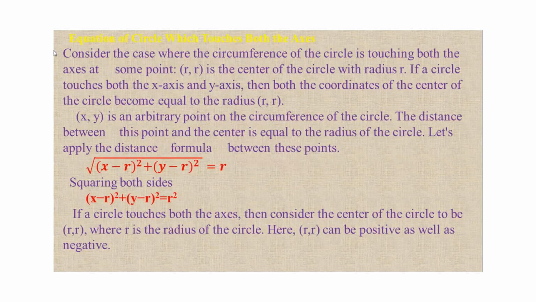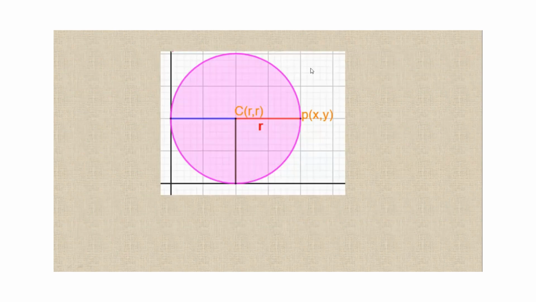The equation of a circle when both axes, the x-axis and the y-axis, are tangent to the circle: both the value of h and the value of k equal the radius of the circle.